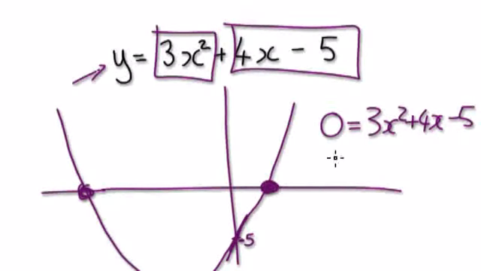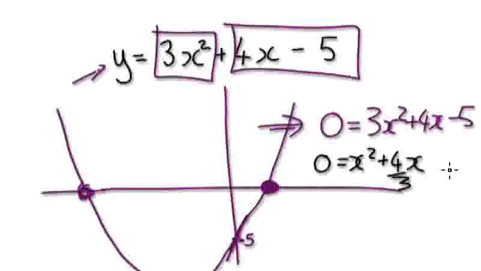So we would divide everything by 3. When we set it to 0, it's really convenient, because 0 divided by 3 is still 0. So this thing becomes this over 3, and then this over 3.